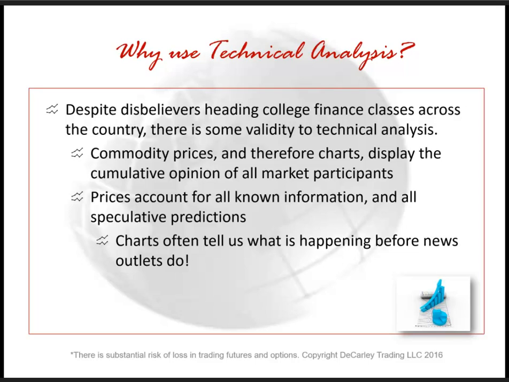In other words, the chart can sometimes tell us a heck of a lot more than the newspaper can or the guy on TV can, because the chart is already incorporating all of that information. It's a little naive to assume that we would be able to somehow get information faster than everybody else, react to it and make money on it. So instead of assuming that we can do that, we looked at technical analysis.